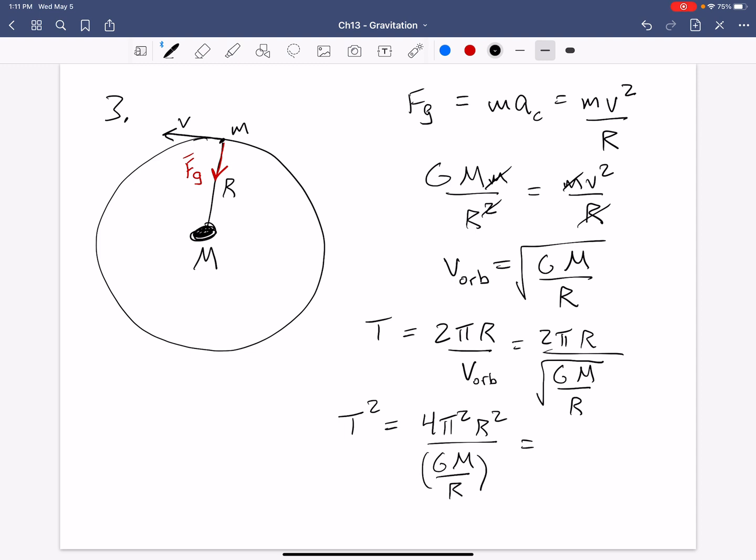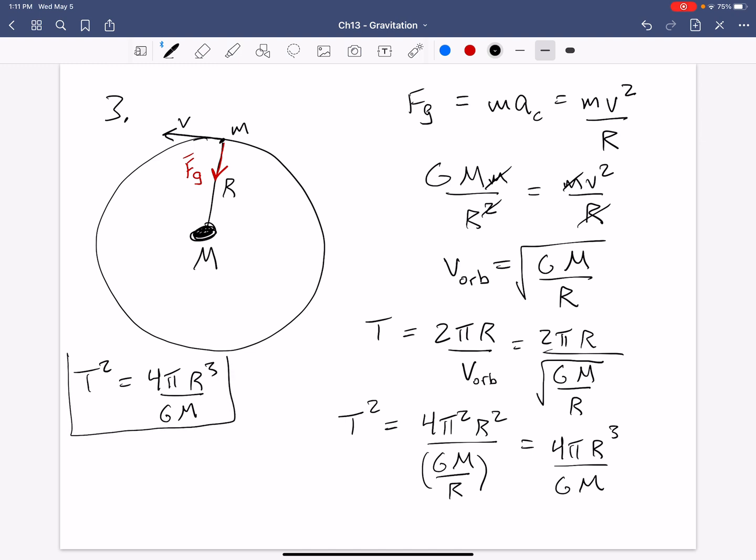Flipping and multiplying gives us 4 pi squared r cubed over GM. And this form right here, T squared equals 4 pi squared r cubed over GM, is what's known as Newton's form of Kepler's third law.